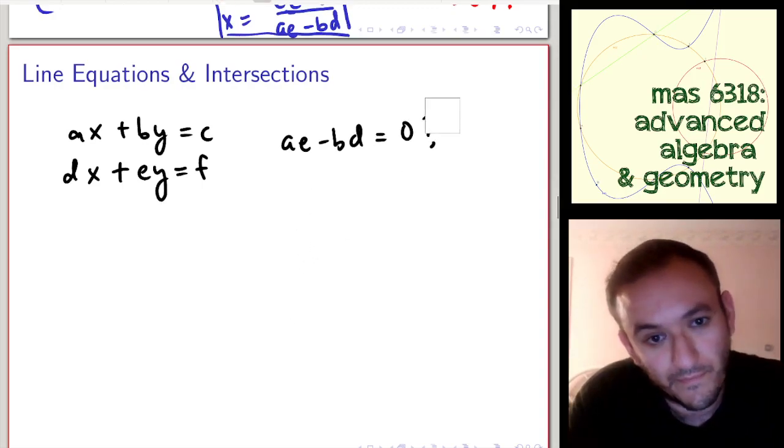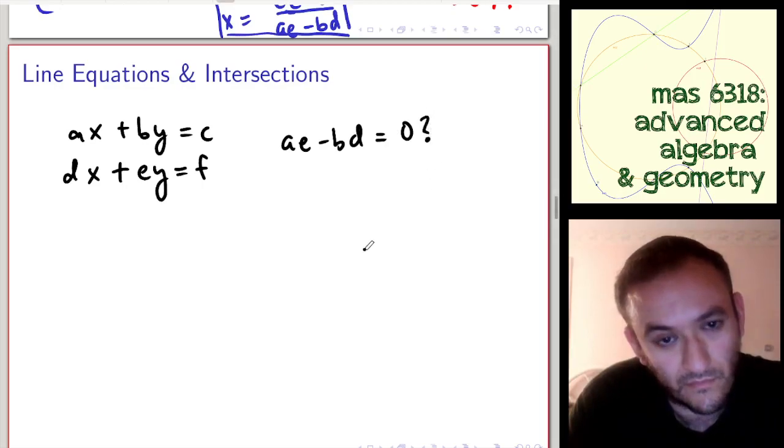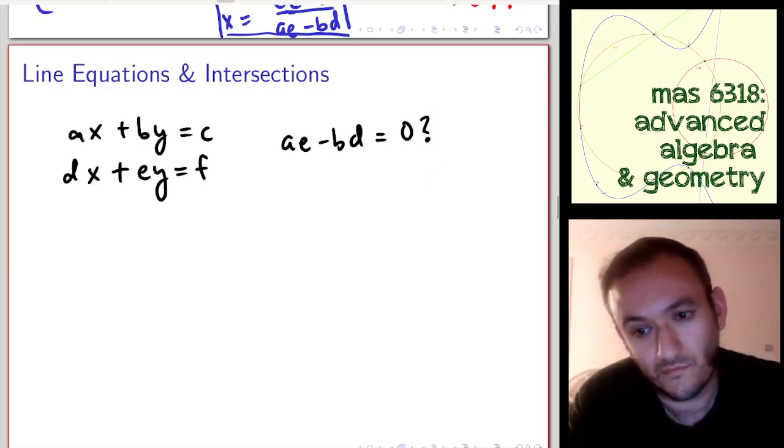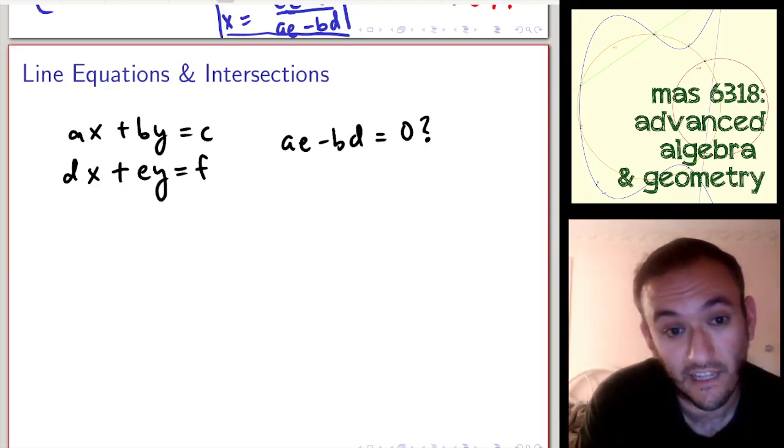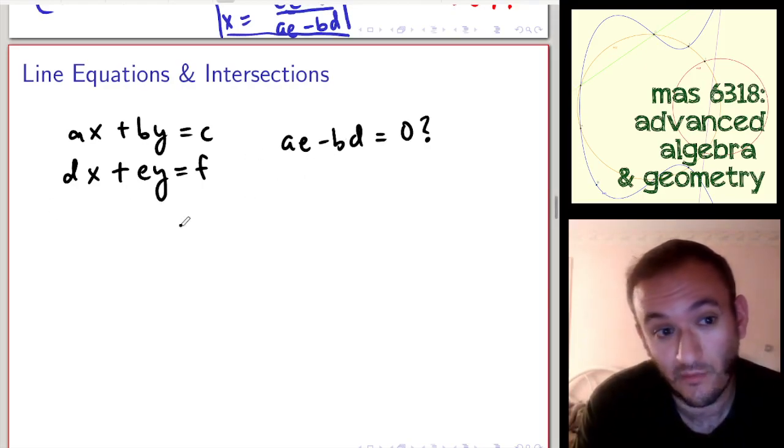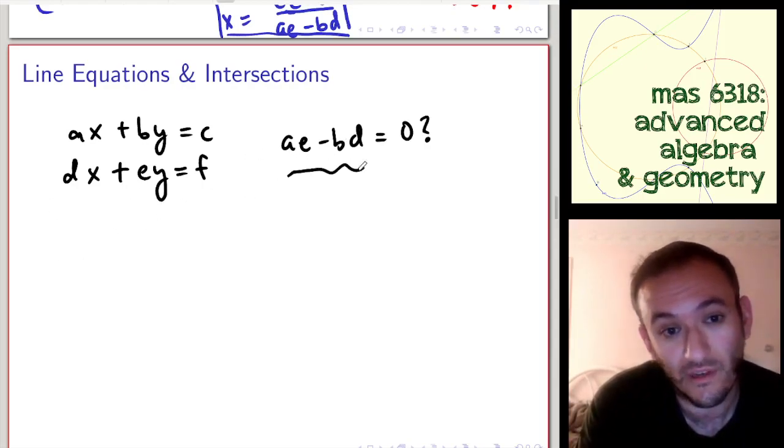Well, someone who's taken linear algebra might recognize this as a determinant.